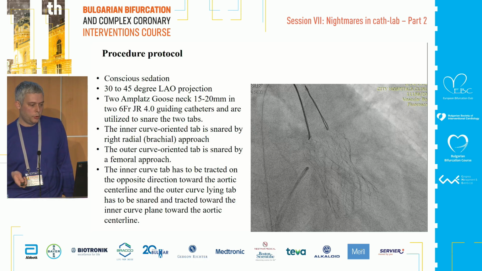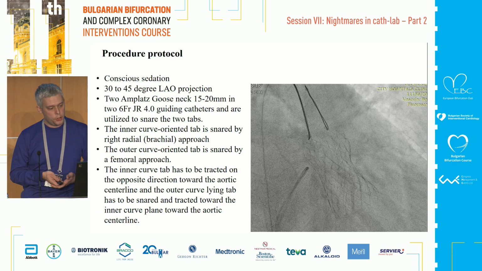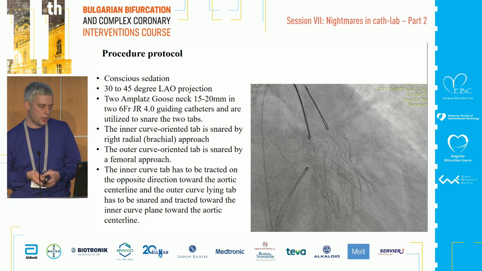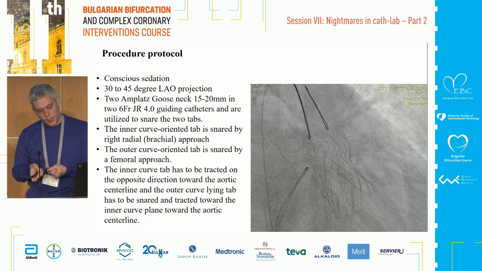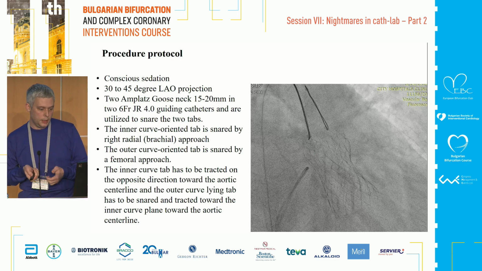Our first attempt to treat such a patient was, in left projection, with 2 Amplatz gooseneck catheters, snares with size 15 to 20 millimeters, to catch the tabs of the valve and make a traction of the valve distally and place the valve in the correct place.